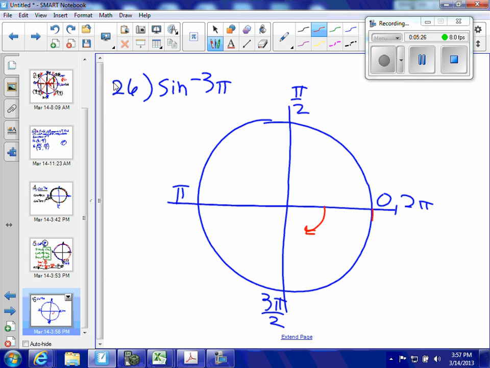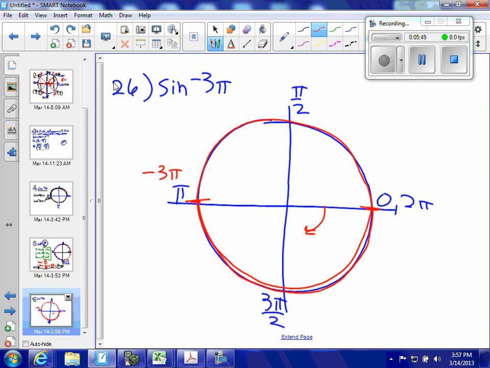So, here is negative 1 pi. Here is negative 2 pi. And here is negative 3 pi. So negative 3 pi is pretty much the same location as pi. Not the same angle, but it's the same location.